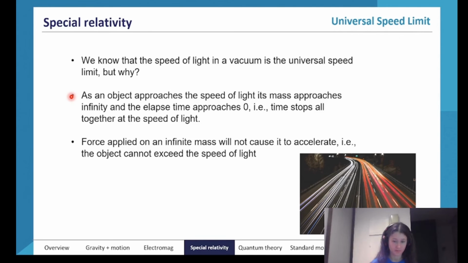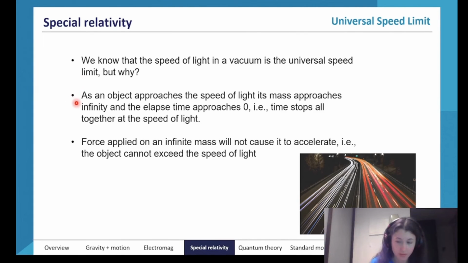So, this sounds absolutely crazy when you first hear it, right? Like, how is the mass increasing as it approaches the speed of light? How is time not going to exist, right?